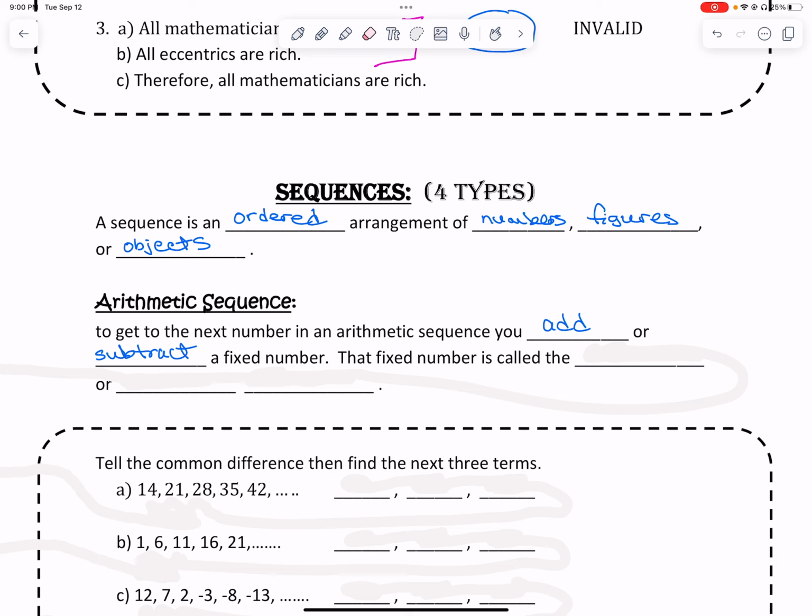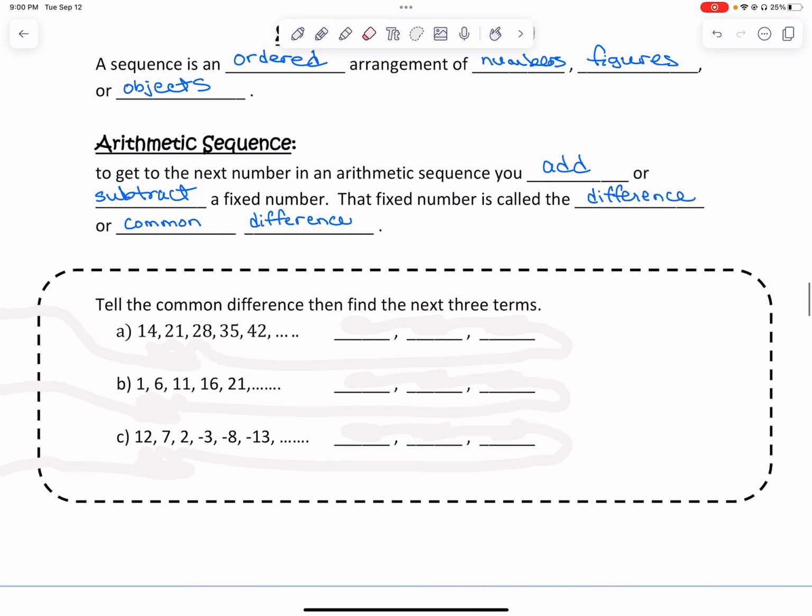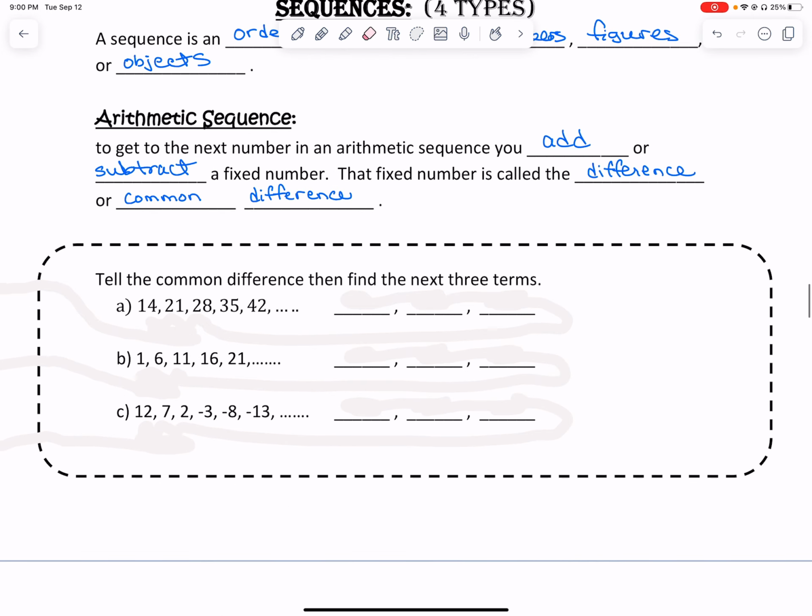That number is called the difference, or the common difference. So I could ask you, what's the common difference? We're going to look for the common difference of these and then find the next ones.